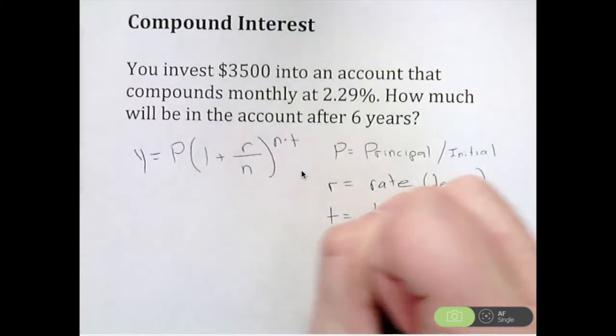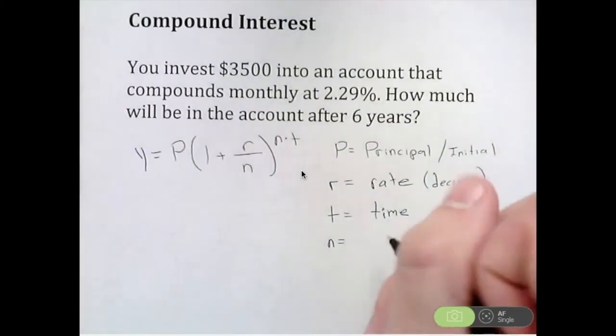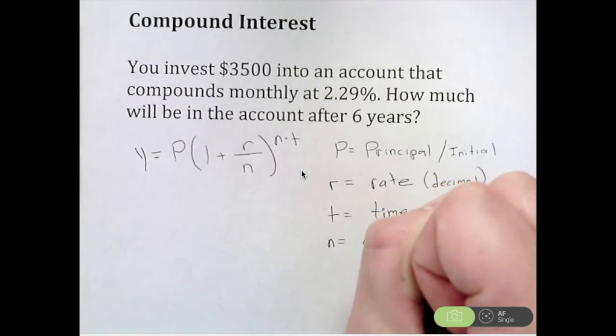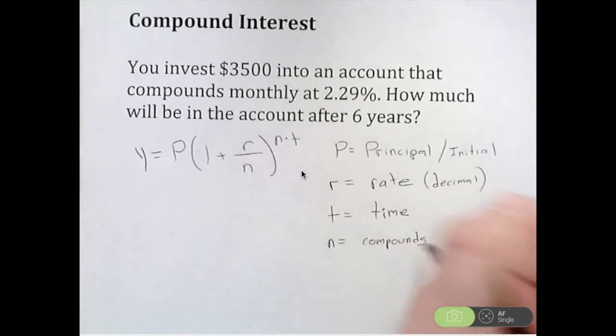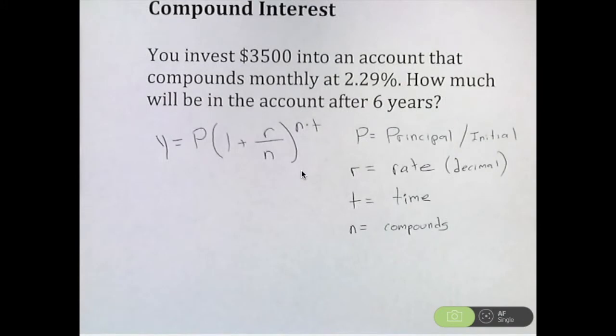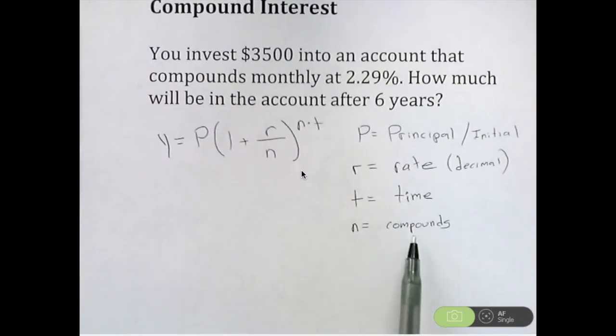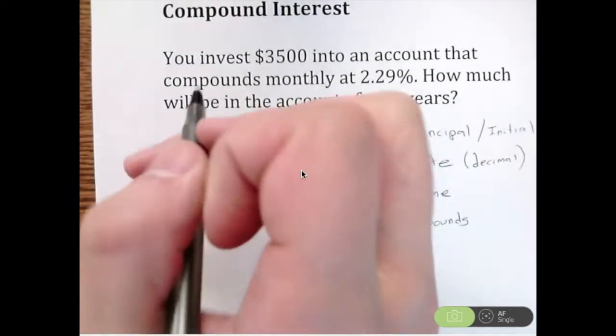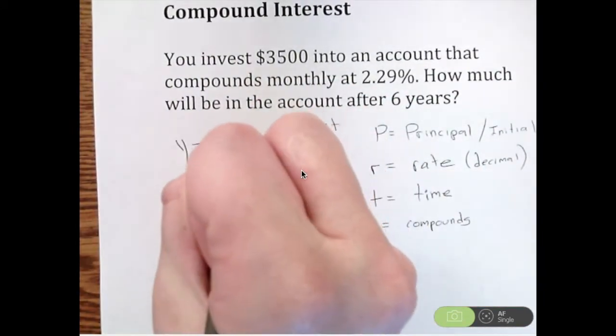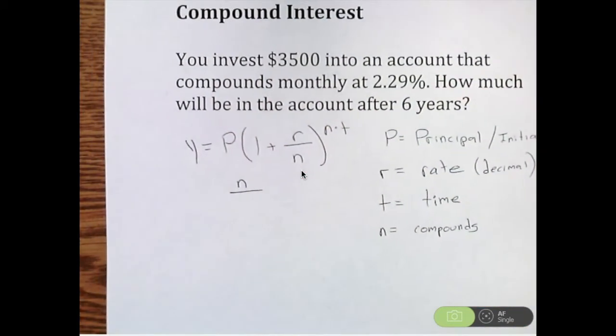And then N is the interesting part. N is the compounds. That one is a little bit interesting, and that's basically the only hard part of these problems. It's the compounds. So when you're looking at N, what you're asking yourself is, how many times are you compounding in a year? A lot of this has to do with paying attention to the vocab in the problem.